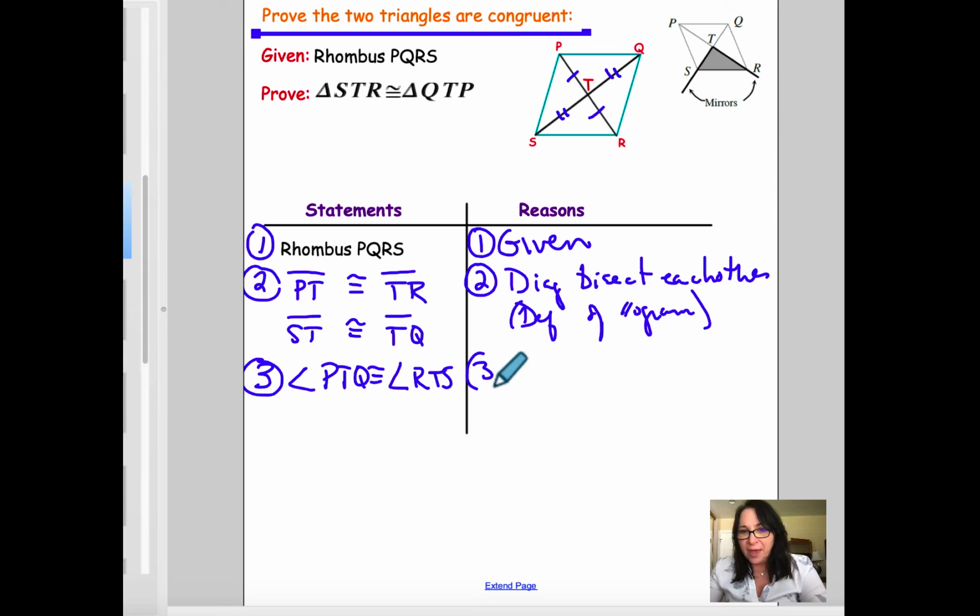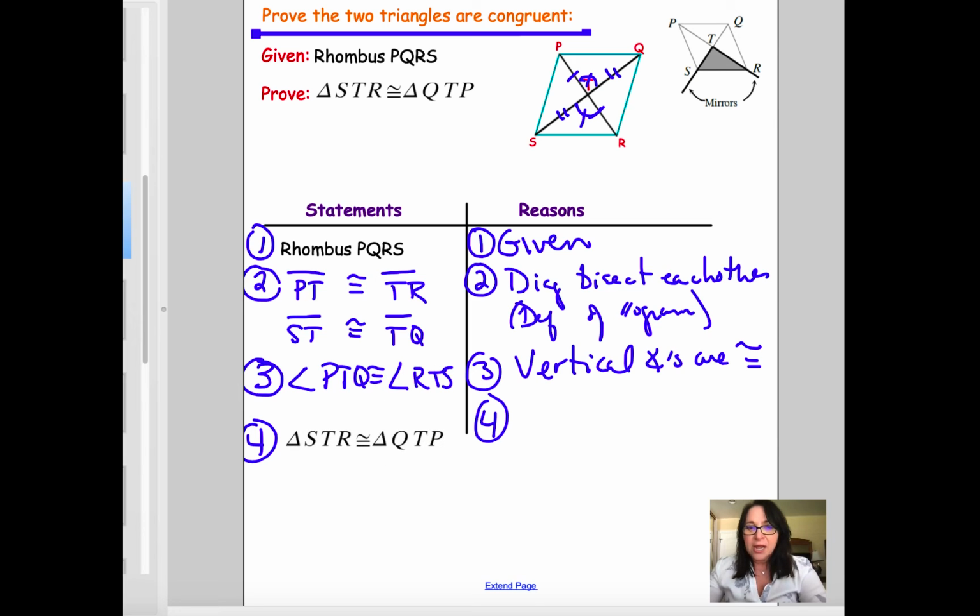And the reason for that is that vertical angles are congruent. And so now I have enough information to prove that the two triangles are congruent. So now I can just say for the 4th step that my two triangles are congruent. I'm just going to borrow this one that we had from here: those two triangles are congruent by side angle side.